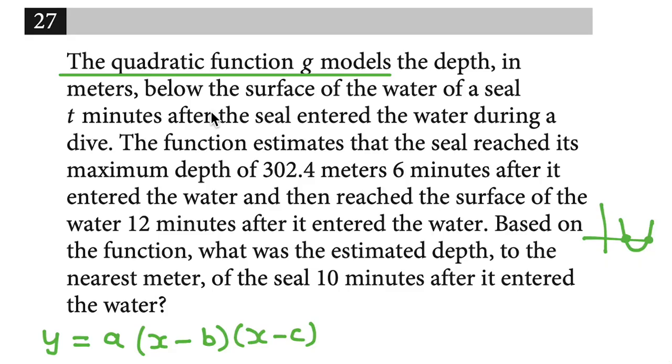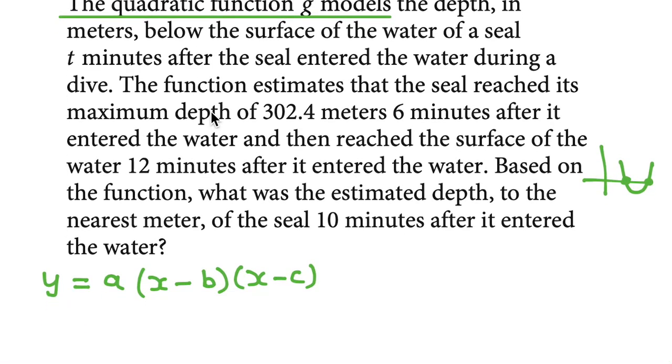In meters, below the surface of the water of a seal, t minutes after the seal entered the water during a dive. That means here input is t. The function estimates that the seal reached its maximum depth of 302.4 meters after 6 minutes.